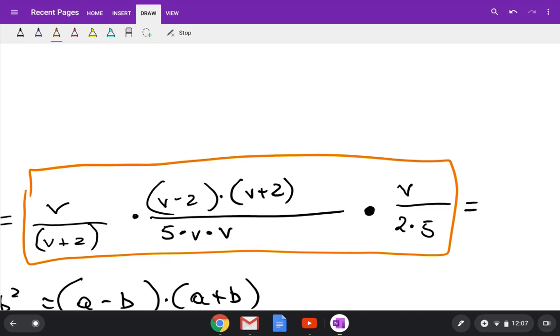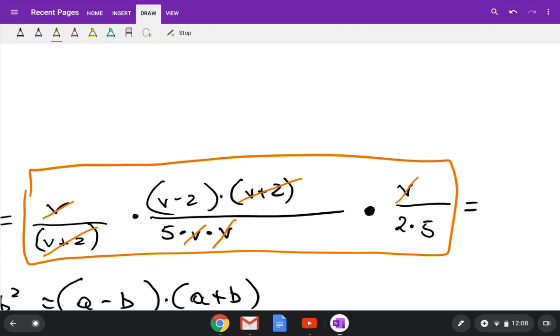So what are we going to cancel? V is on the top and v is on the bottom. V minus 2 will stay. Then I have v plus 2 on the top and v plus 2 on the bottom, cross it out. And then this v will be cancelled with the remaining v from the bottom.